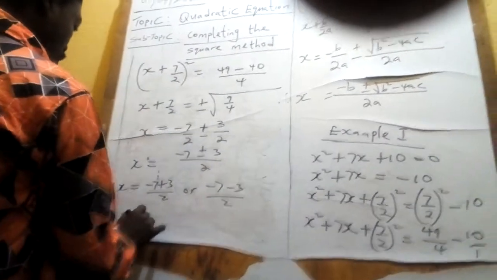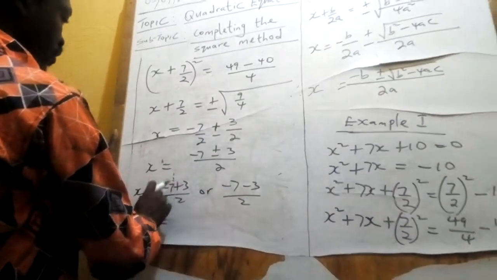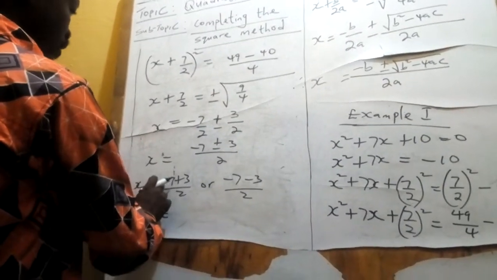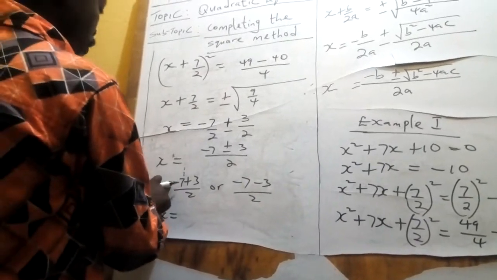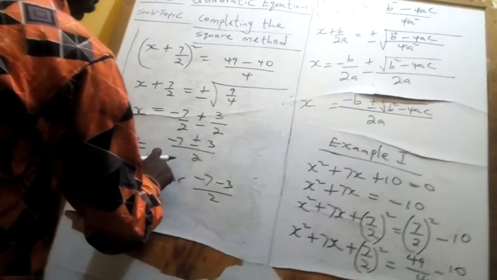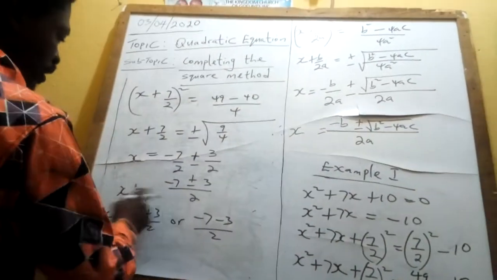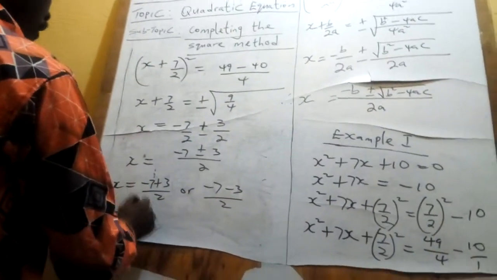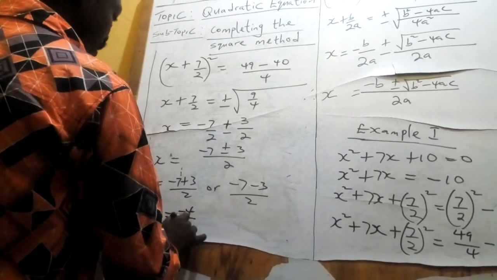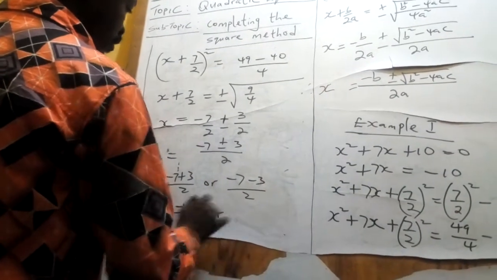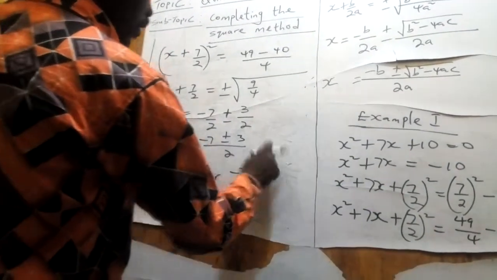Therefore, x equal to, this minus this is minus 7 plus 3. You are owing somebody, or you bought something of 7 naira and you are owing somebody 3 naira. You come to discover that by the time you pay, you still have a balance of 4 to pay, which is negative. That's layman interpretation anyway.